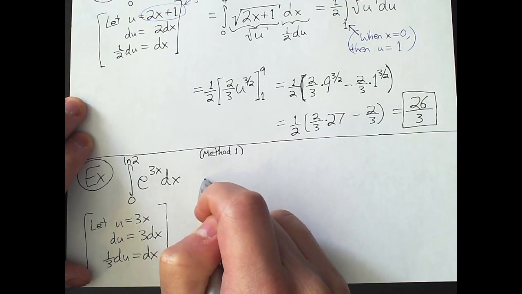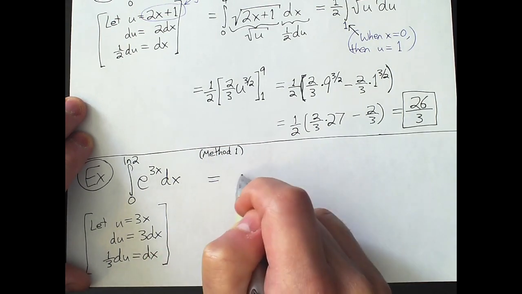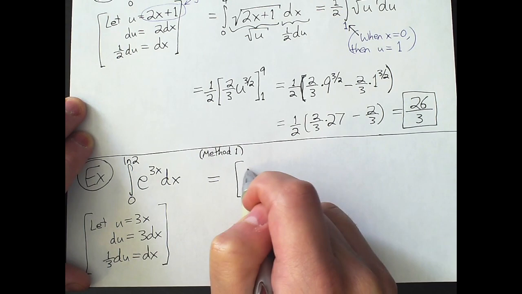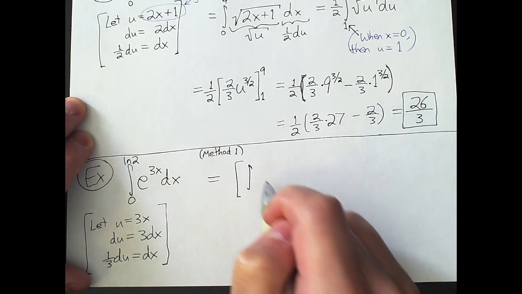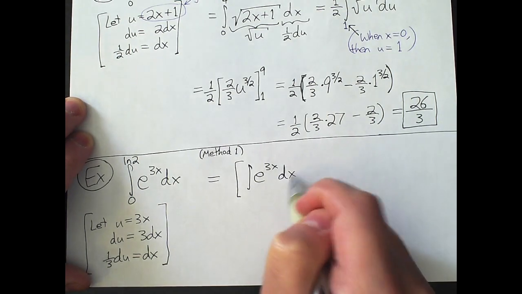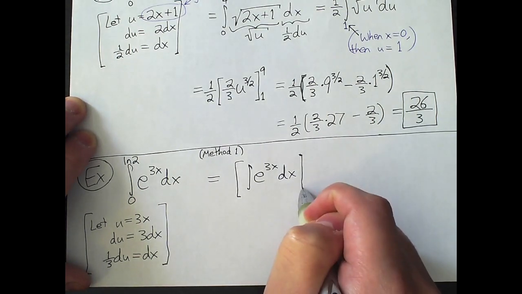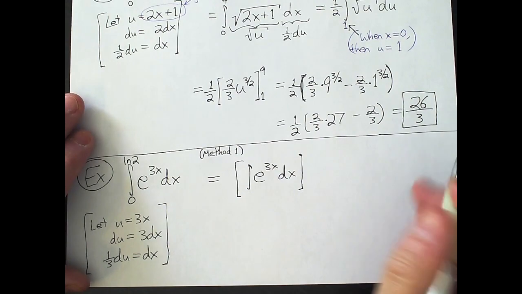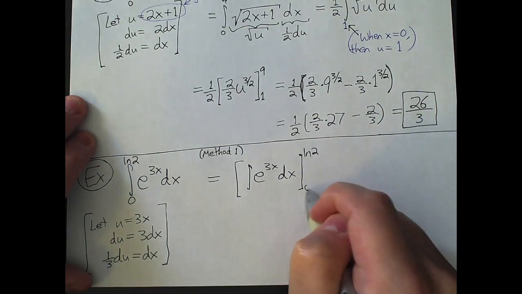And say that this problem can be viewed as big brackets around it, drop the limits of integration, e to the 3x dx, and now the ln2 and the 0 go on the outside, ln2 and 0.